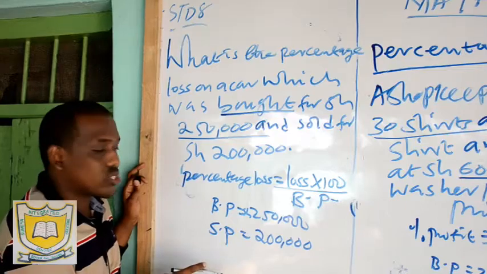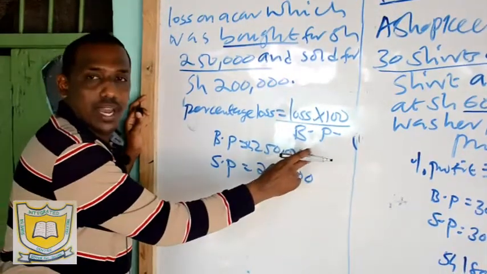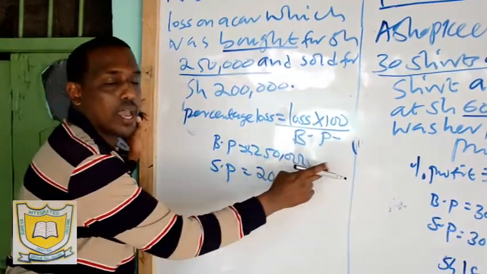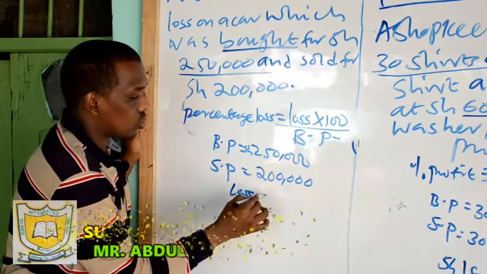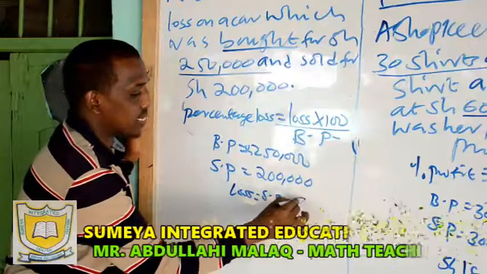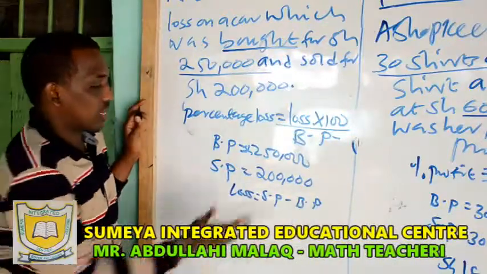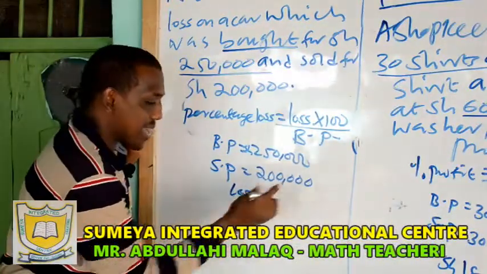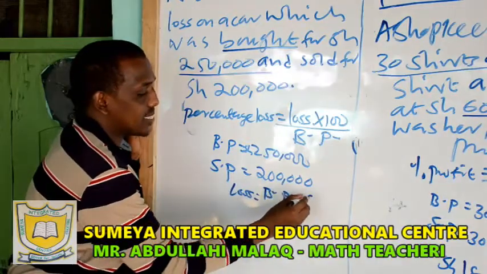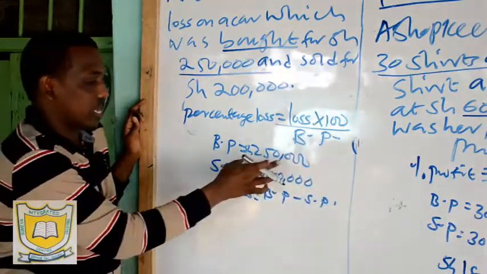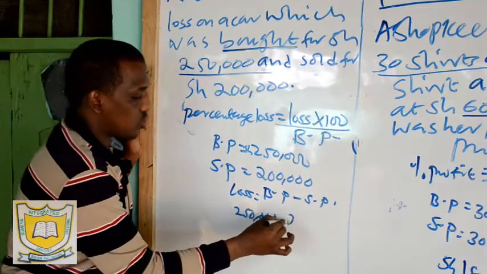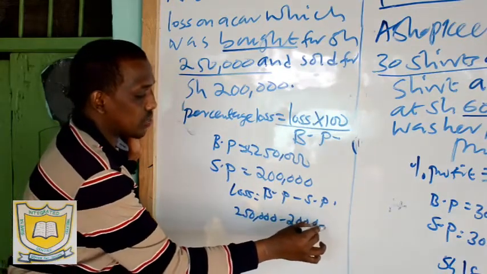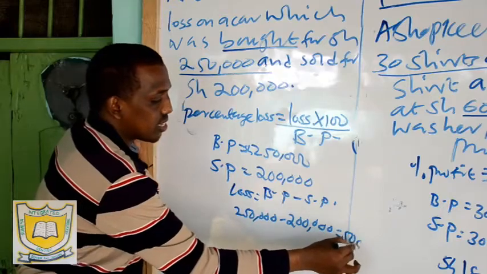So we must get the loss. How do we get the loss? We learned that yesterday. Loss is equal to buying price minus selling price. So we subtract: 250,000 minus 200,000, which is equal to 50,000.